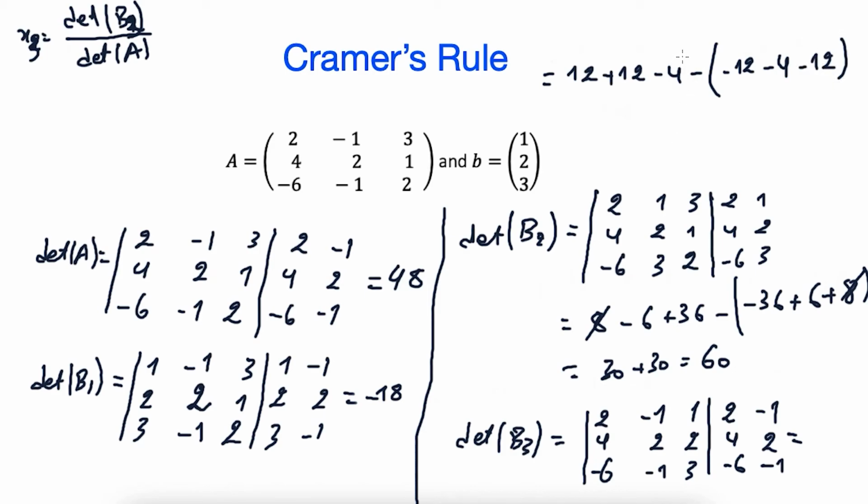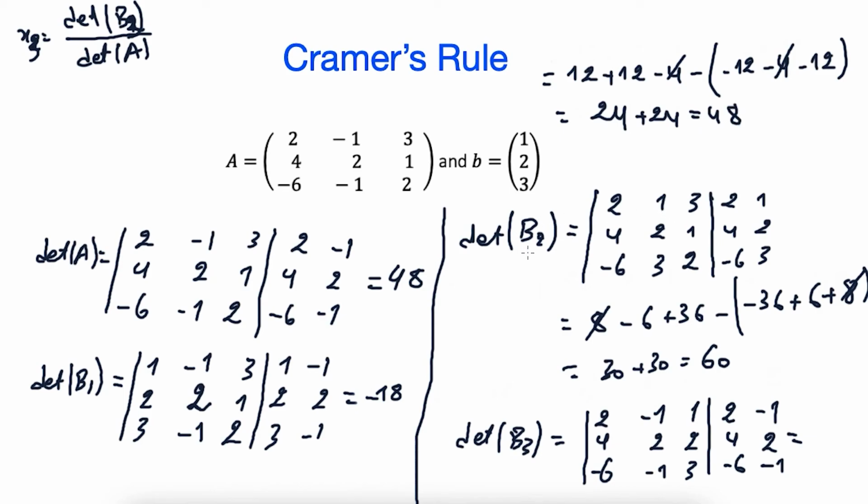So here this 4 will cancel with this 4, because here minus and minus here is plus, so minus 4 here, and this will be 24, and here will be minus 12 minus 12 is minus 24, but here plus, it will be plus 24, and this equals 48.